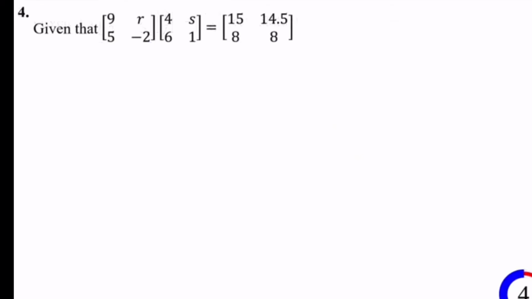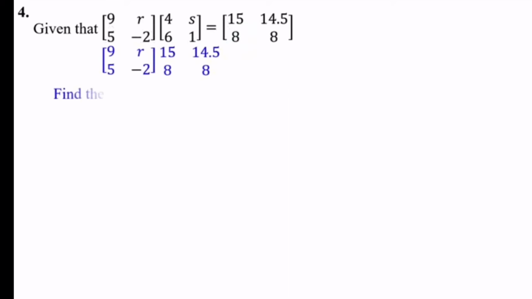We have two matrices multiplied and the product of the two matrices. Now let's copy down the matrix 9, r, 5, negative 2 and then 4, s, 6, 1. So now we lower the matrix.